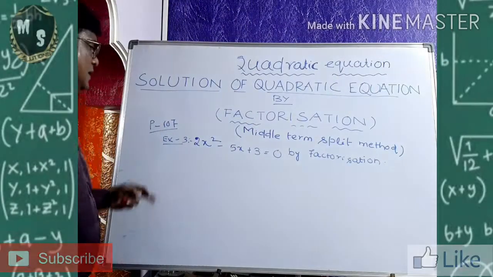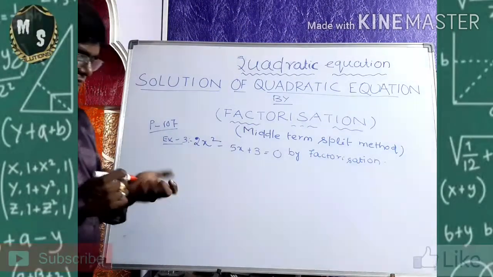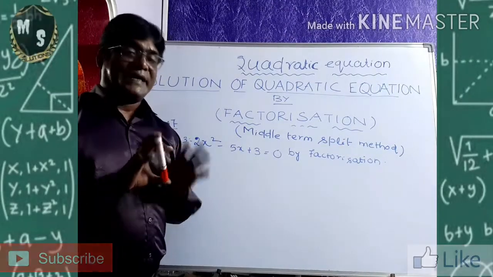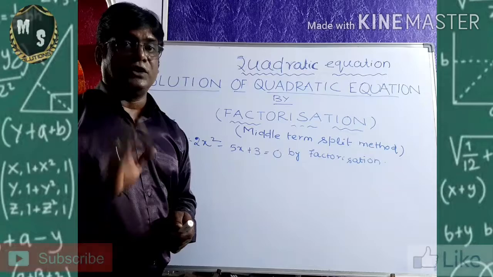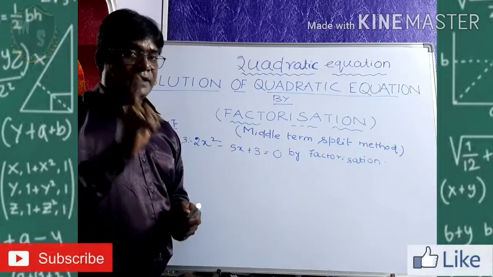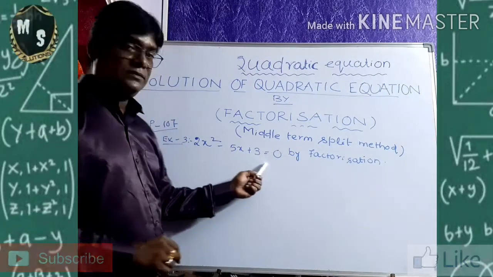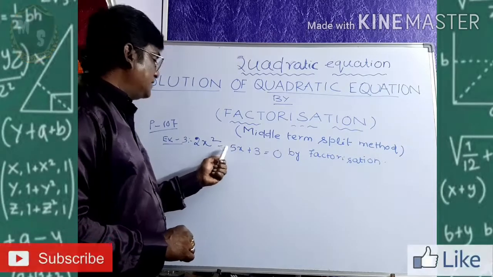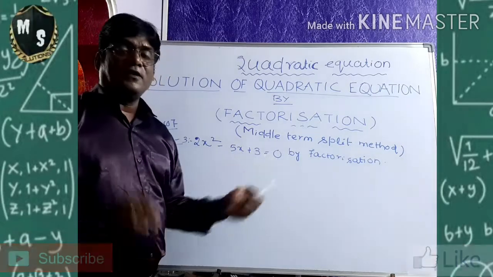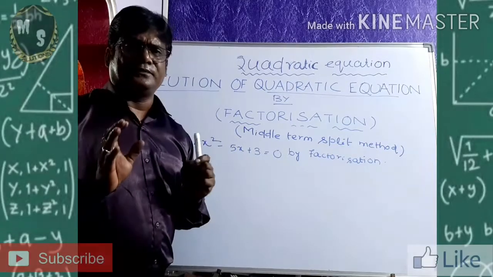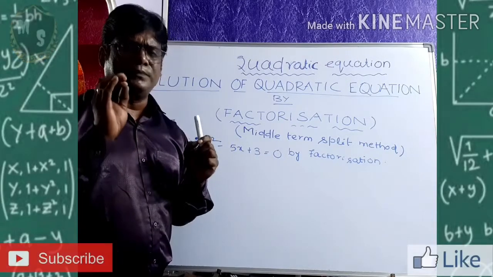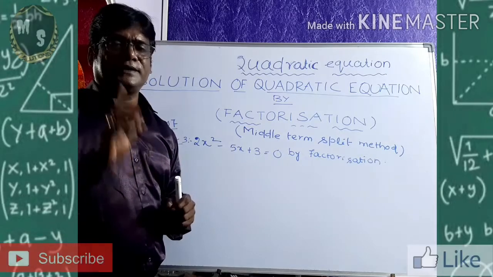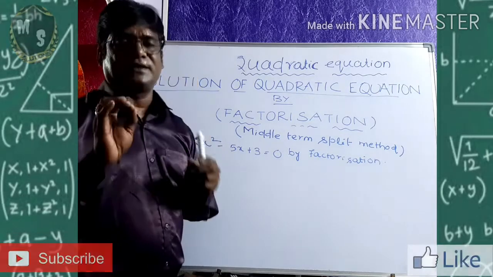After getting this equation, if the equation is in the format ax square plus or minus bx plus c, first of all, blindly, you have to find out one thing, that is called the discriminant. Say with me, discriminant.